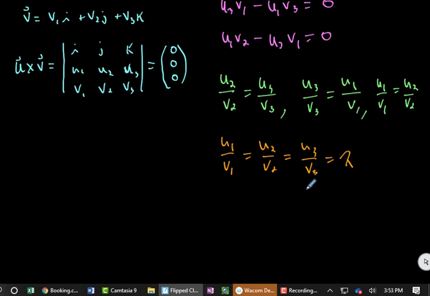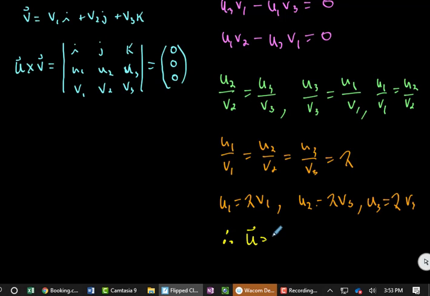So I can write u sub 1 is equal to lambda v sub 1, u sub 2 is equal to lambda v sub 2, and u sub 3 is equal to lambda v sub 3. And all this means it's collinear. So therefore vector u is equal to lambda times vector v, because every component of u is some constant times the corresponding component of v, therefore collinear.